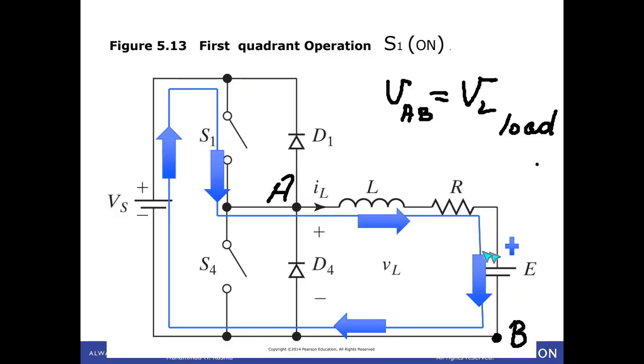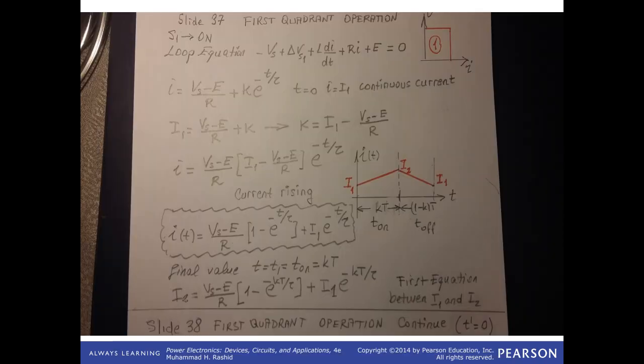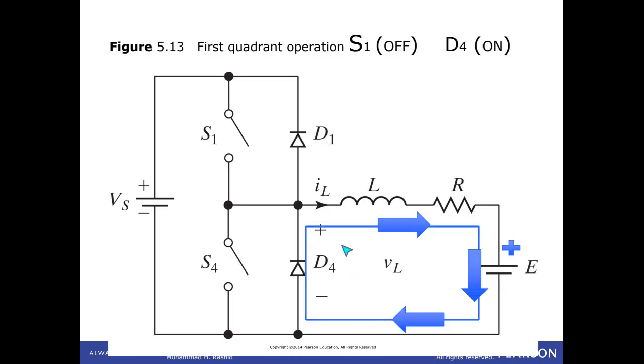When you put this switch off, what's going to happen? Since energy is stored here, current is going to flow through that network. So you have already stored energy. So S1 on and off, on and off. So what's going to happen actually?